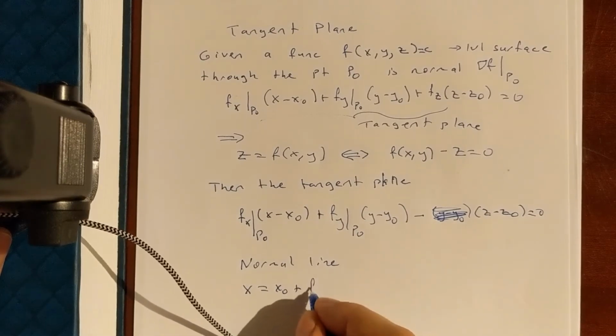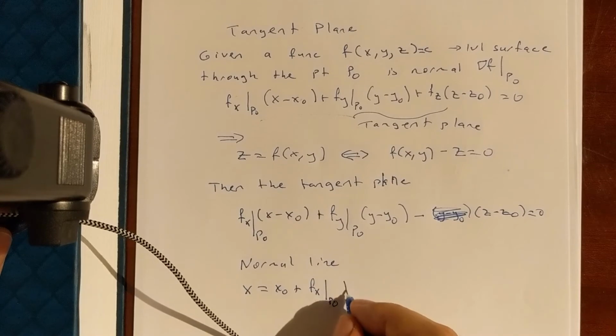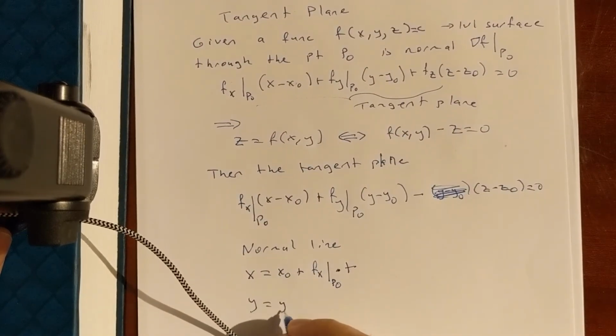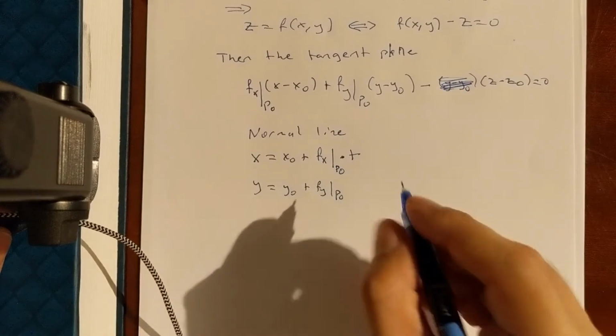How are you parameterizing it? Well, you look at the x component of the gradient, f sub x evaluated at P naught, times, let's say, t. The y component is going to be y naught plus f sub y evaluated at P naught times t.